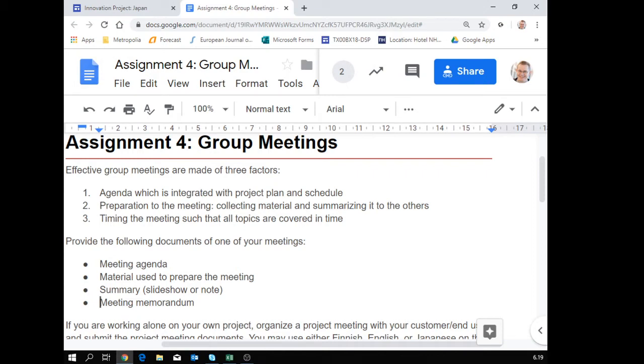Okay. And basically, material for the meeting: an updated time chart.